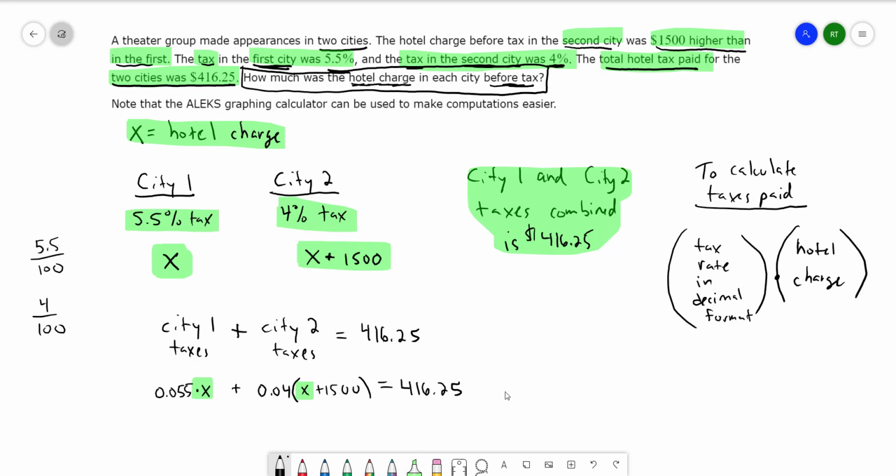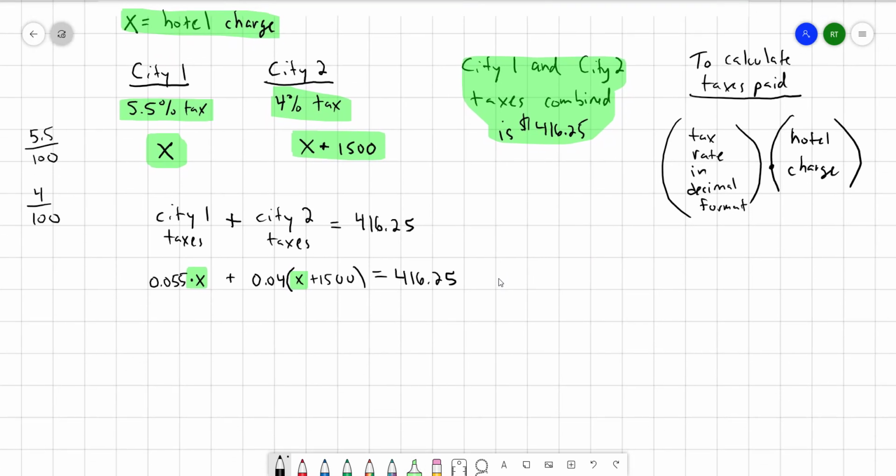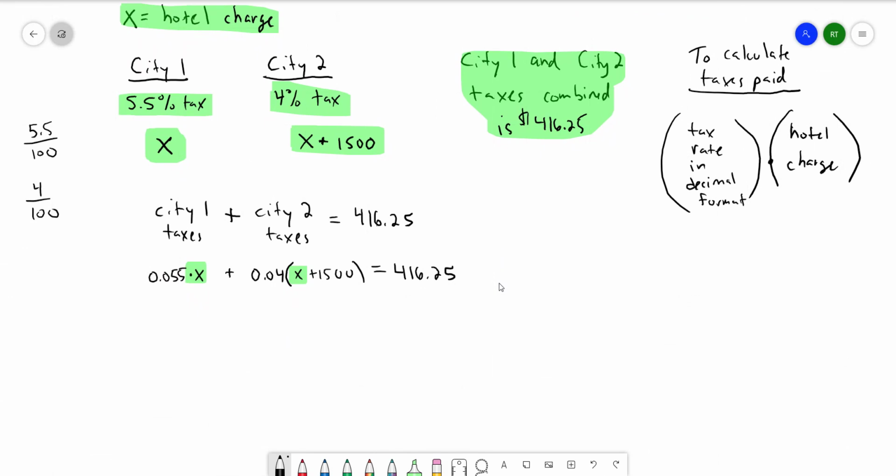So let's do that. Let me just slide down a little bit. Alright, so when I simplify it, I get 0.055x plus, using the distributive property, we get 0.04x plus 0.04 times 1,500, and you get 60.